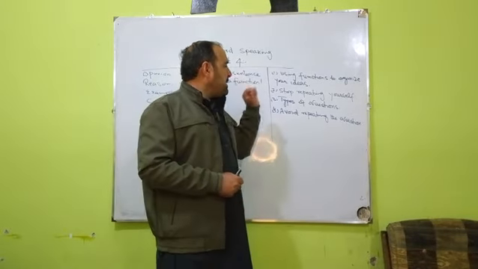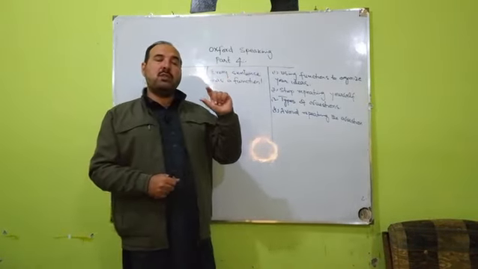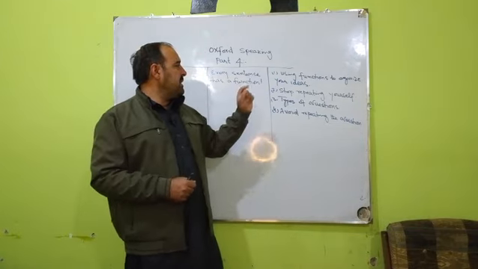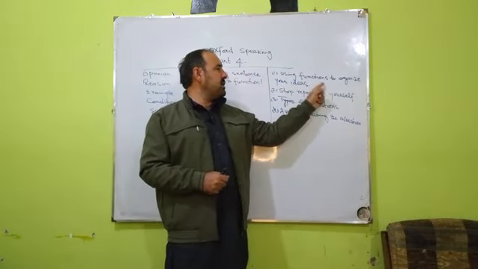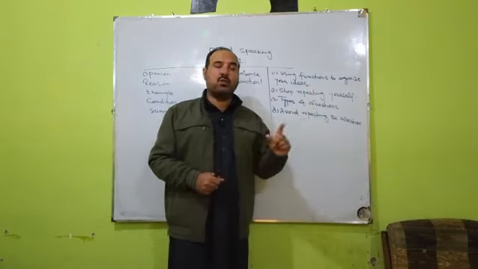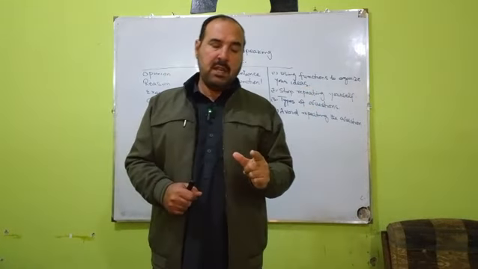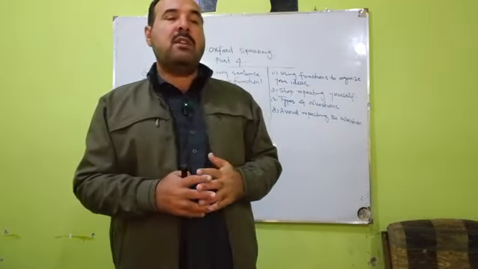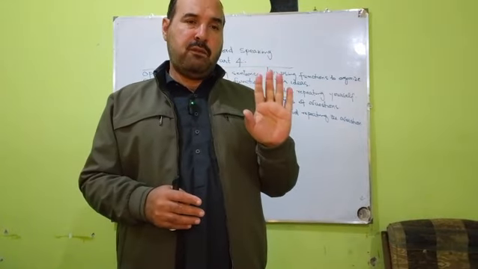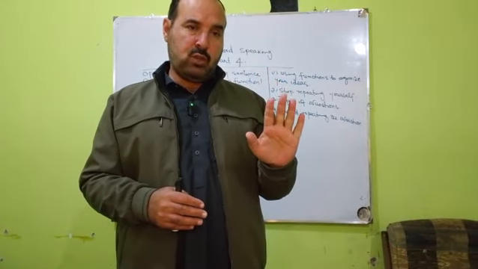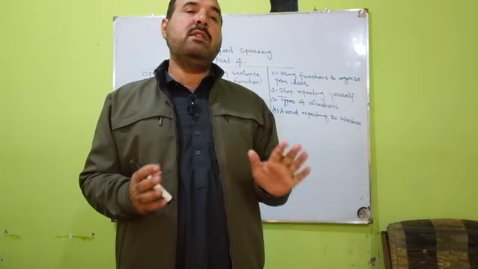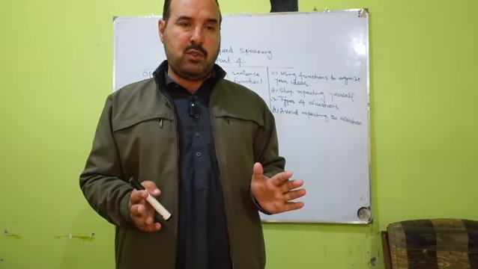The first tip that you need to keep in mind is that you must use functions to organize your ideas, right? And in English, there are 12 functions in total, but you don't need to use all these functions in your language.